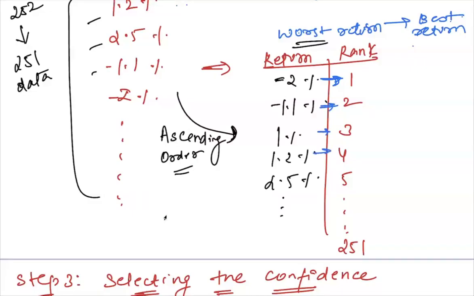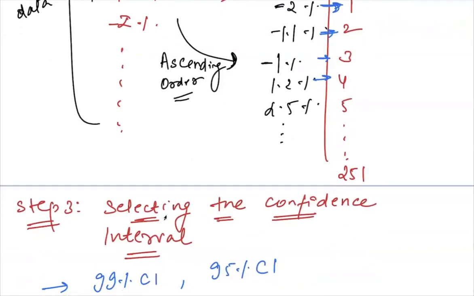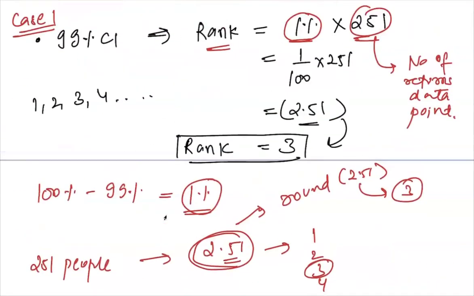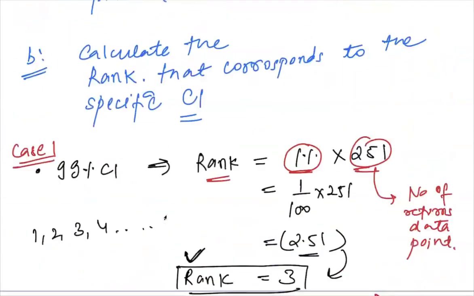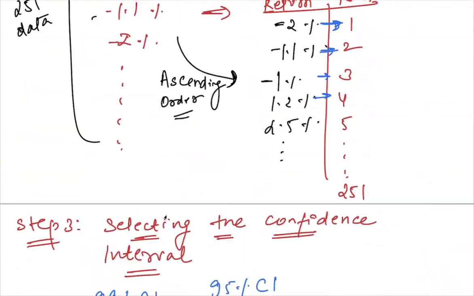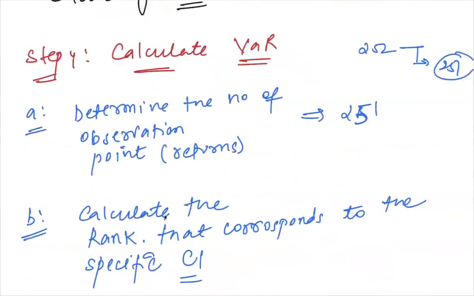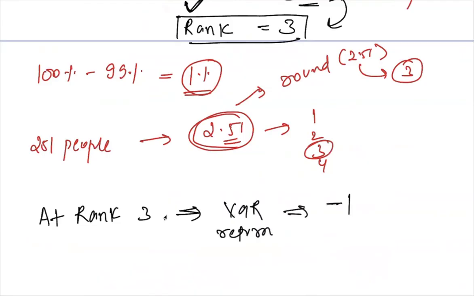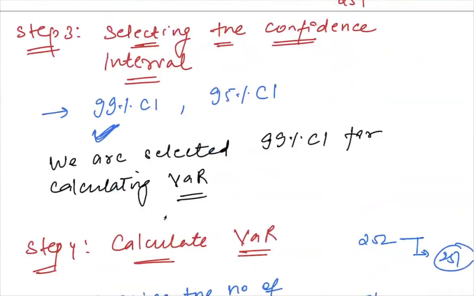So let's assume for a moment this is negative 1%. Now this is saying, select the person who is at rank 3. The person at rank 3 is this guy, whose return is negative 1%. So at rank 3, what's your VaR return? Negative 1%, right?